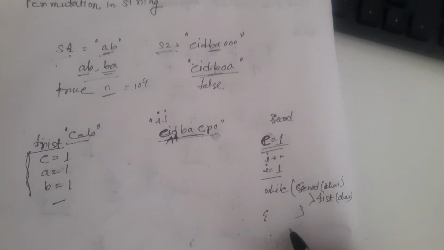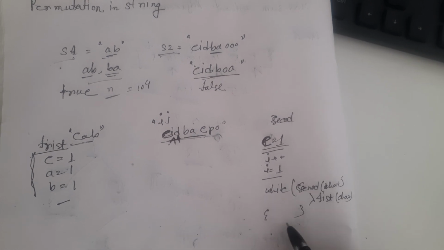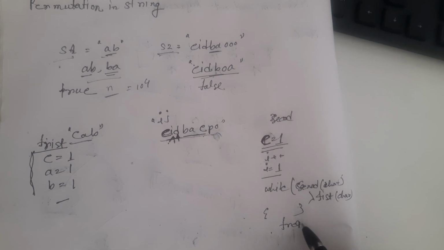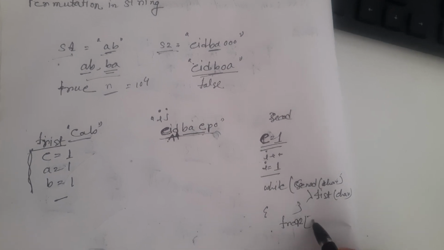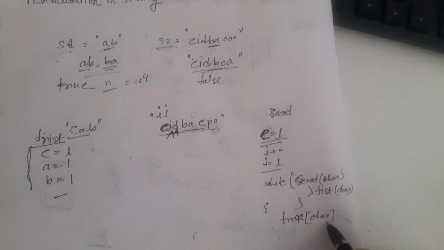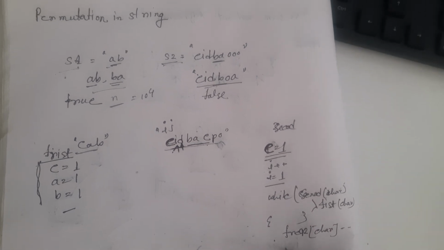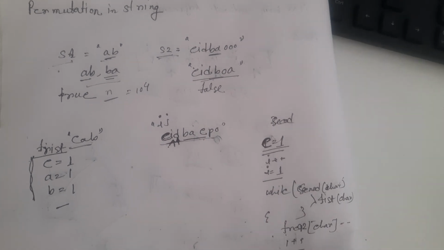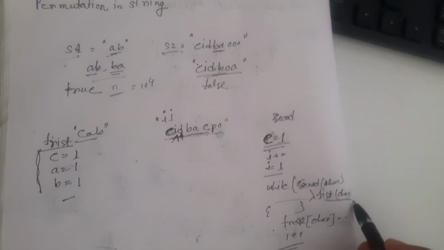We just decrement the frequency in the second array for that character and increment i by 1. It continues until this condition becomes false.